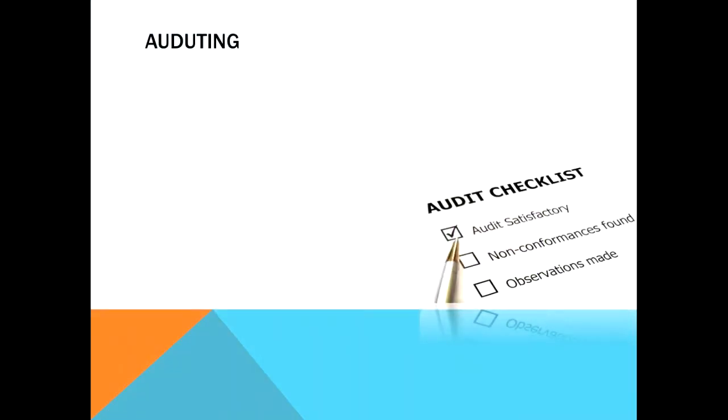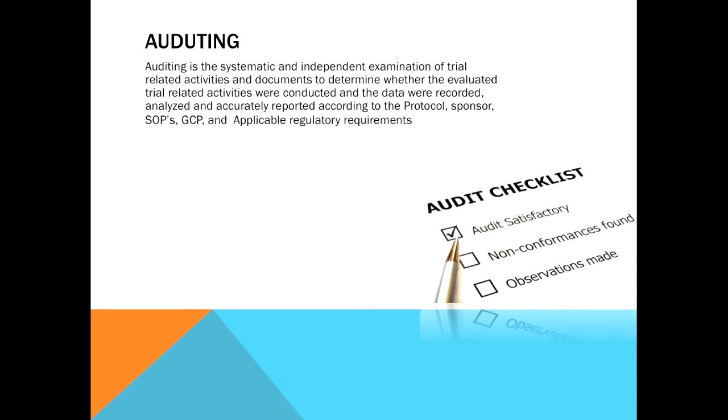Auditing is the systematic and independent examination of trial-related activities and documents to determine whether the evaluated trial-related activities were conducted and whether the data was recorded, analysed, and accurately reported according to the protocol, sponsor SOPs, GCP, and applicable regulatory requirements.